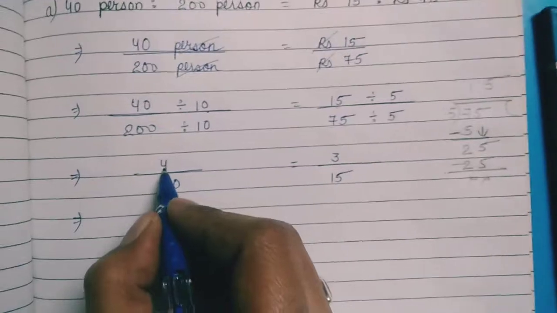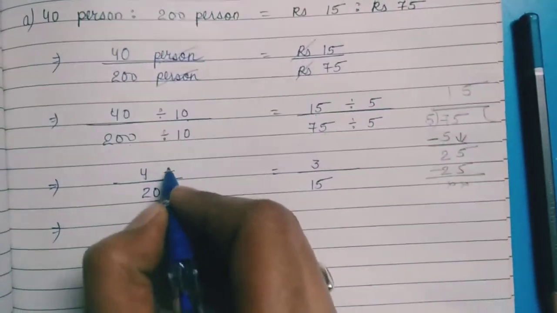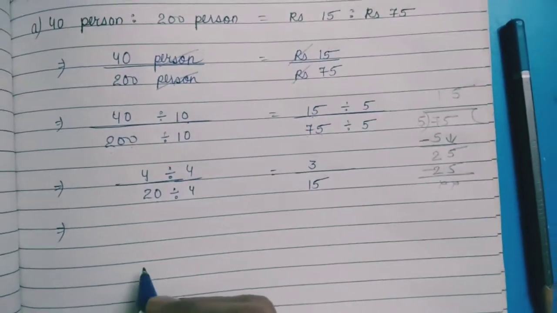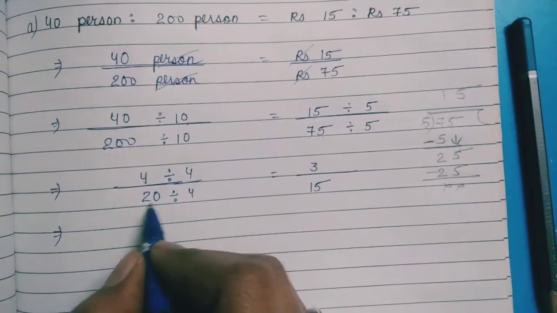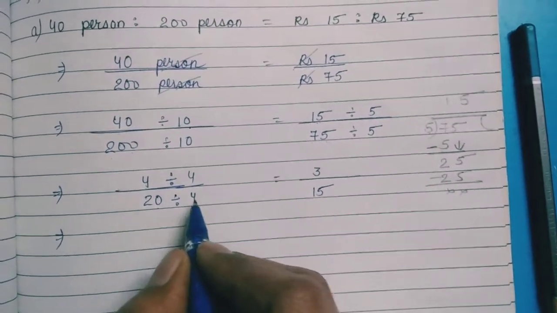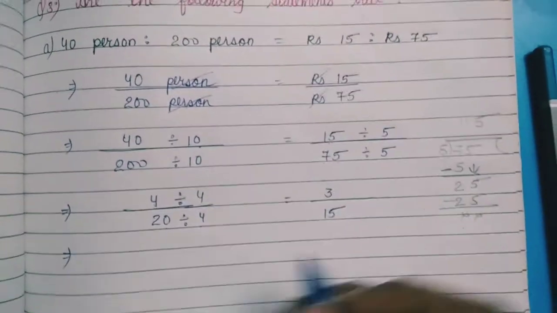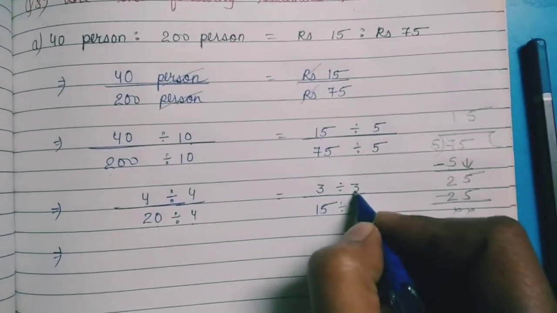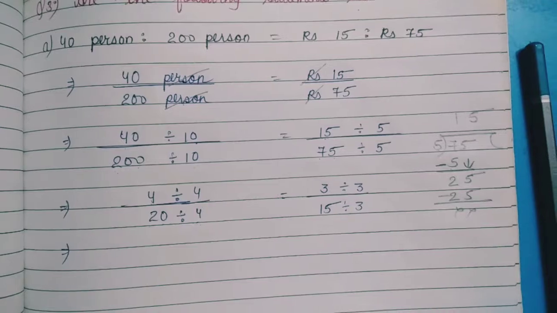You can simply see 4 and 20 can still be divided by 4. They both can be easily divided by 4, so in the numerator as well as in the denominator we are dividing them by 4. And here 3 and 15 both can be easily divided by 3.